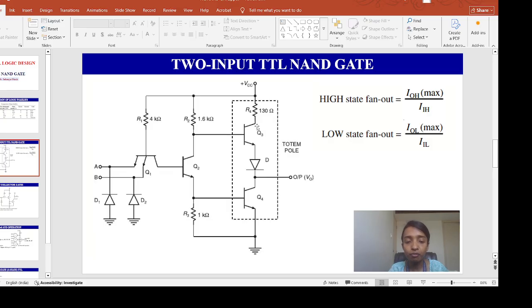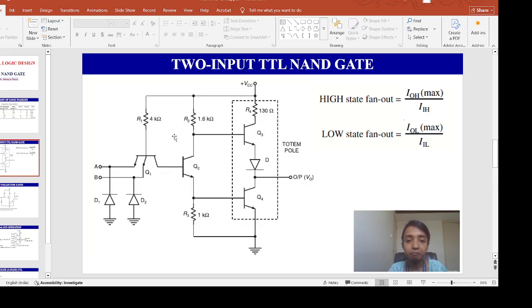If any terminal is left open in TTL, it is equivalent to connecting it to something high, that means 5 volt. But this kind of practice is definitely not recommended, since a floating TTL input is extremely susceptible to picking up noise signals, and it can adversely affect your circuit.